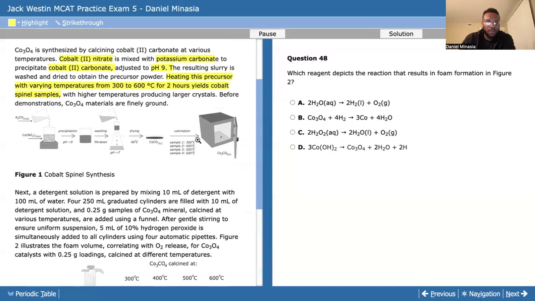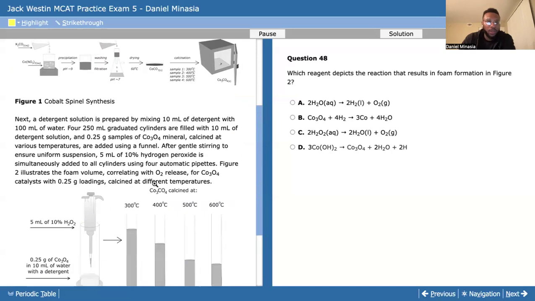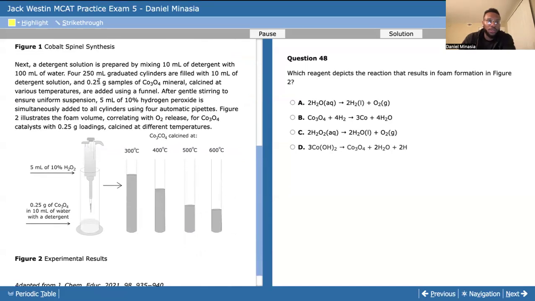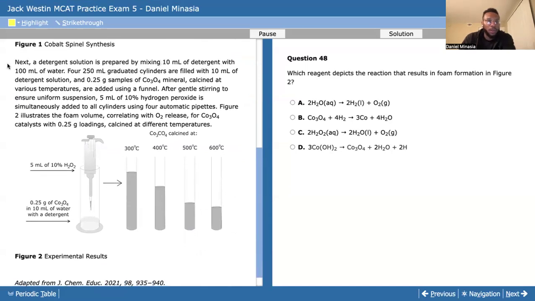And then we get our cobalt spinel. Okay, cool. All right, next, a detergent solution is prepared by mixing 10 milliliters of detergent. So if you see a volume, more times than not, you might need it for a calculation. So I'll just go ahead and highlight it here. So 10 milliliters of detergent with 100 milliliters of water.